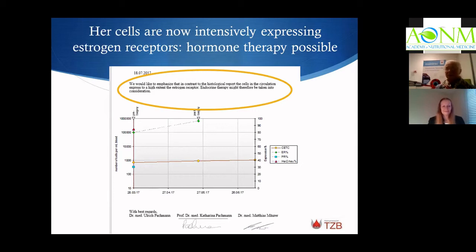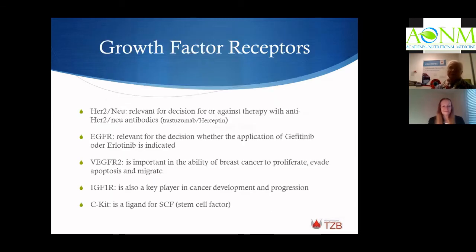It's about 25% of patients which change their receptors from the primary tumor to the circulating cells. But on the other hand, often the circulating cells have the same characteristics as the primary tumor.